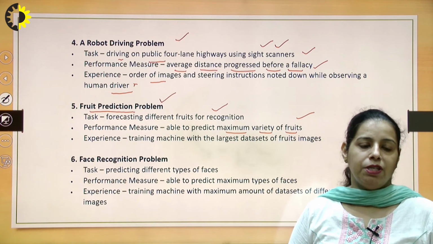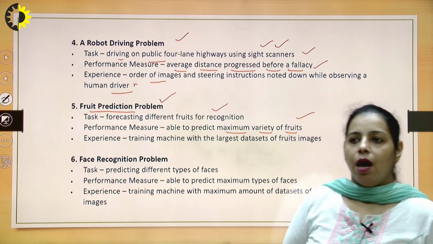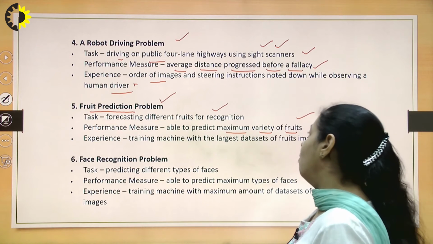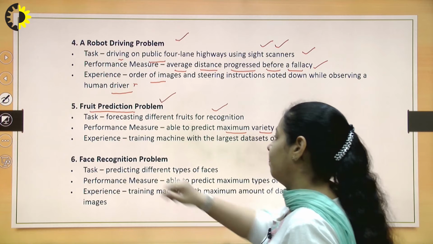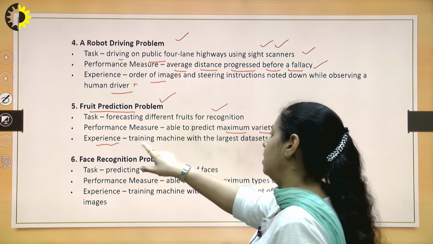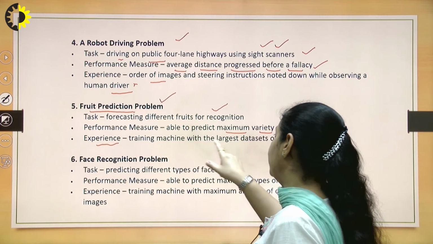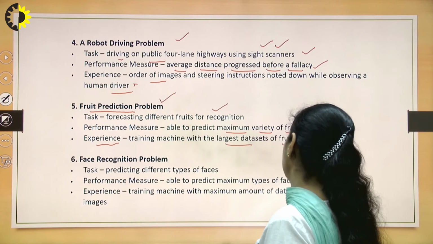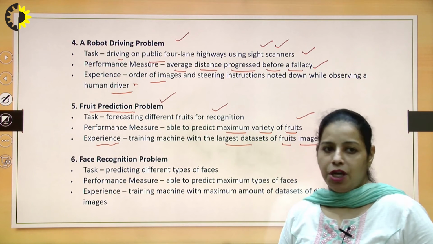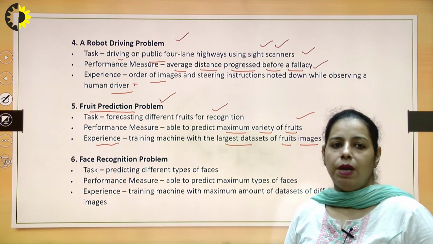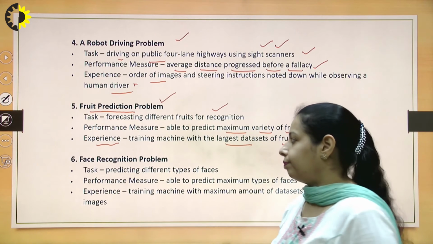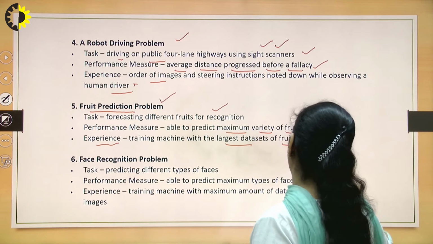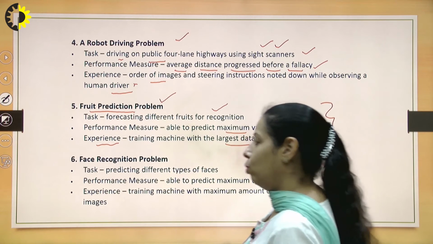The performance measure is the probability of predicting the maximum variety of fruits from that bunch. The experience E says training the machine with the largest data set of fruit images. So this is again a problem related to well-posed problems.